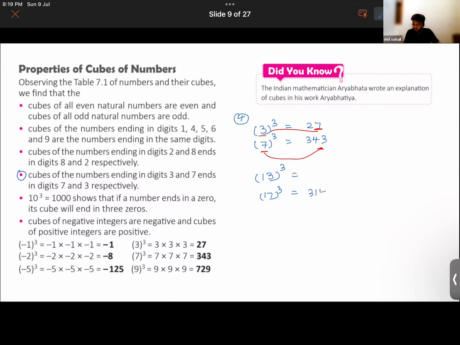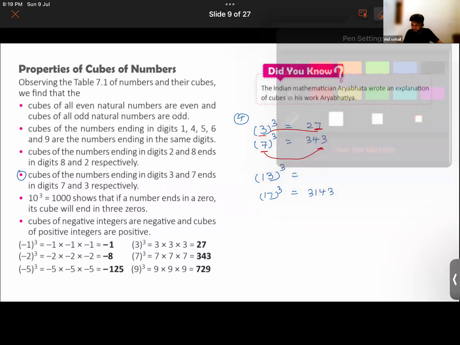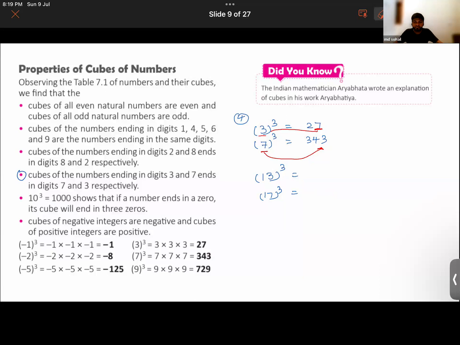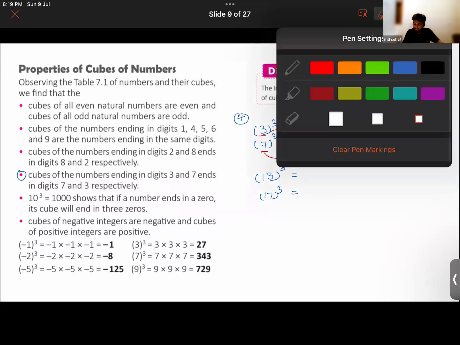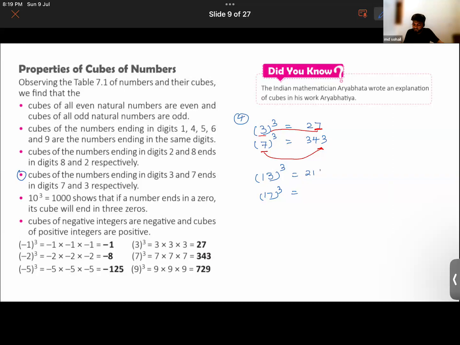Check it. Find it out. Sir, the first one is 2197, and it is following the property, sir. And what about 17 cube? I'm still solving it, sir.